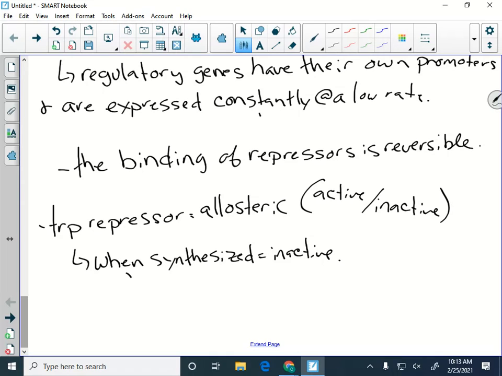So even though the repressor protein is constantly being transcribed and translated, and there are constantly repressors in the cell, the trp operon is still going to function because that repressor is inactive.